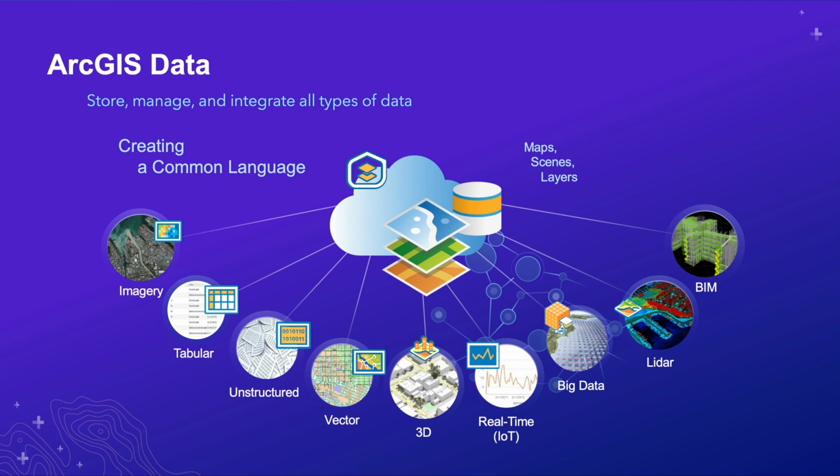Big data, and being able to process it and do analysis against this big data. Of course, LiDAR and some of our advanced tooling there, and leveraging a large part of these new BIM models, bringing that in. All of this gets brought in and integrated and is presented through web services. You can present this content and view it in maps or 3D scenes and integrate with different layer types.